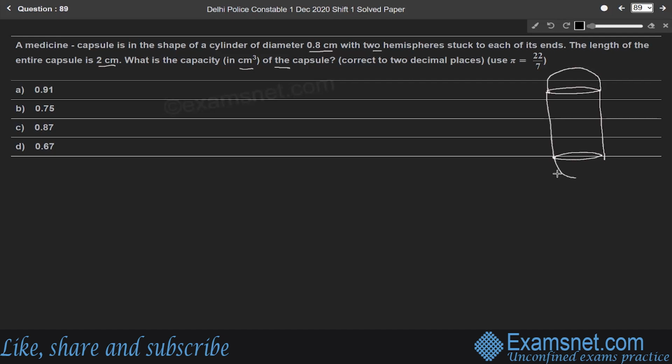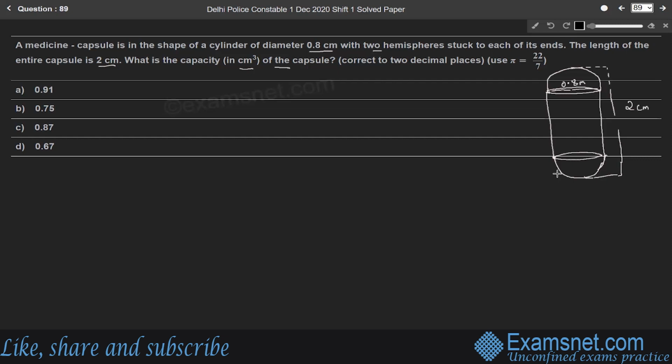And the diameter of the cylinder is 0.8 centimeter, right? So the length of the entire capsule from this end to this end, including the hemispheres, is 2 centimeter. So we have to find the capacity of the capsule.